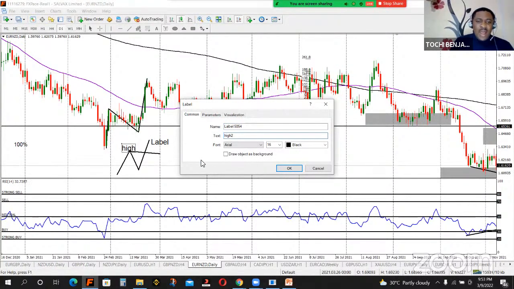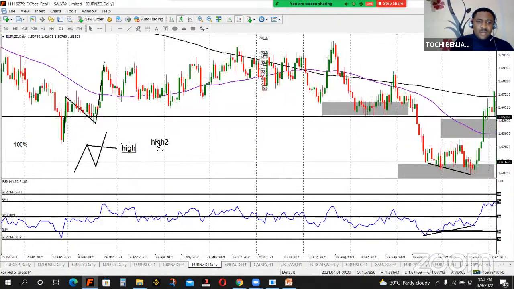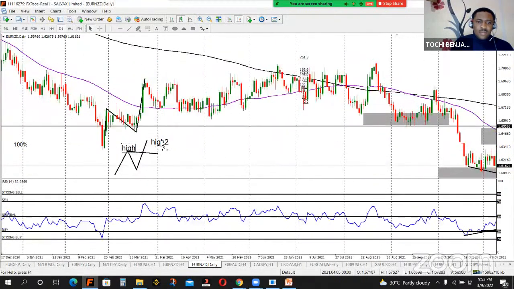So from the previous high to this other high is called an extension of this high. That's what we're saying, an extension of this high.